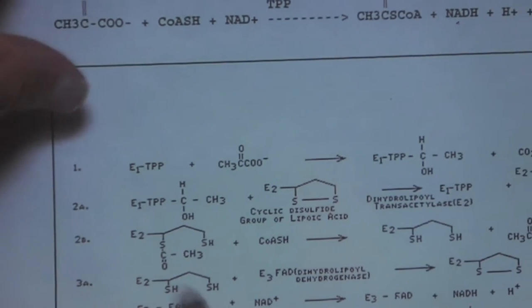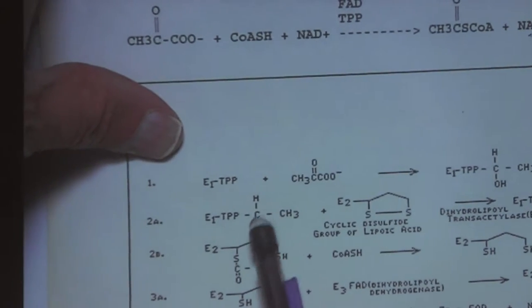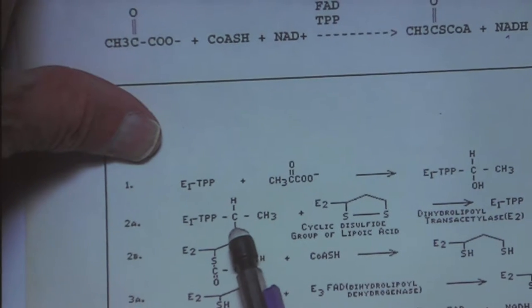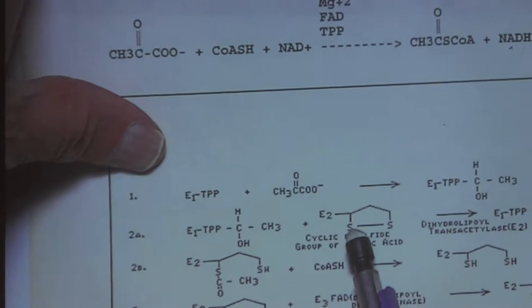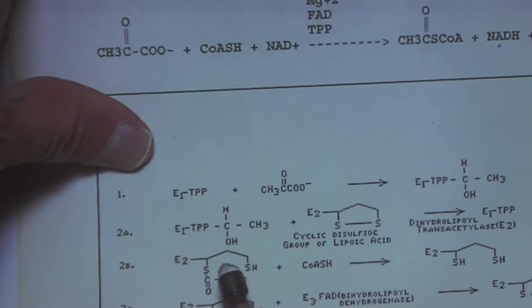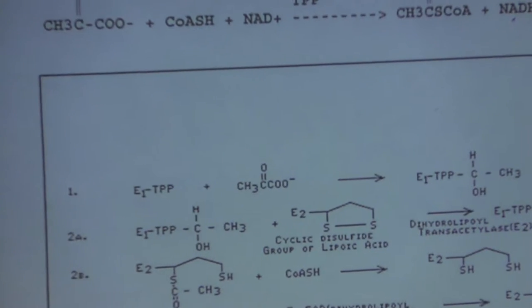So does that actually happen? Here is the enzyme from the previous step with a 2-carbon unit, and it passes on the acetyl group to what would be sulfur. You see that? So this acetyl group is transferred by this enzyme, this transacetylase.